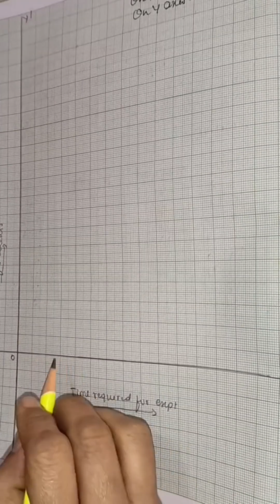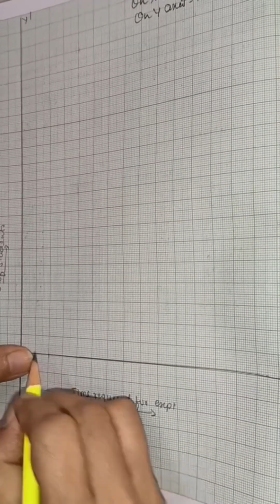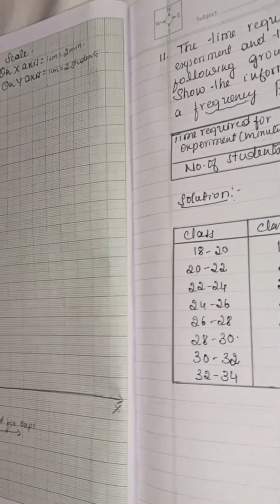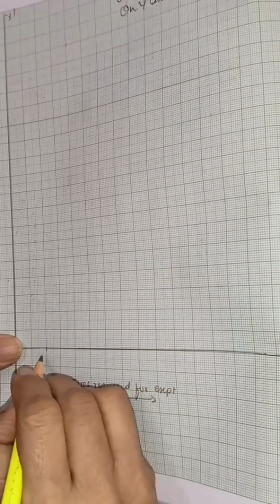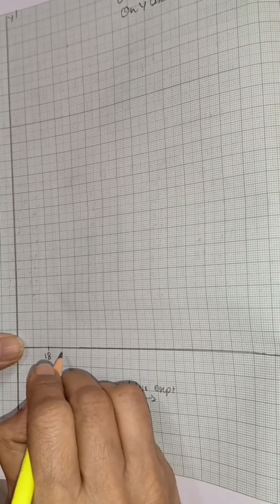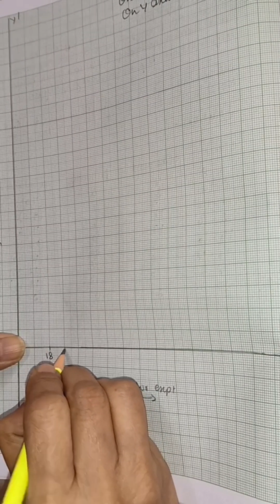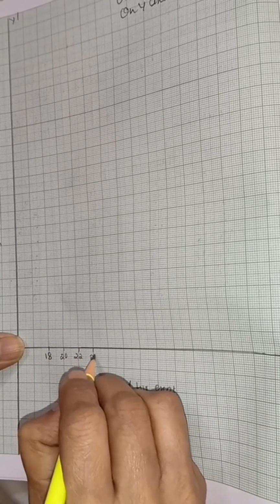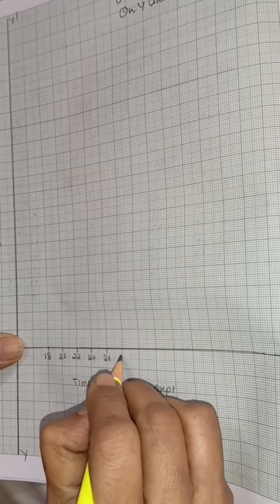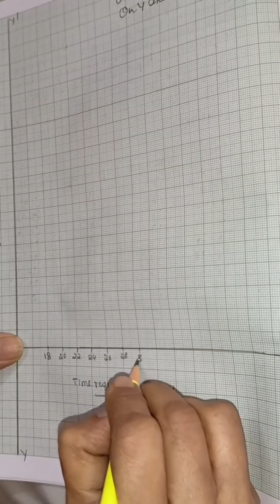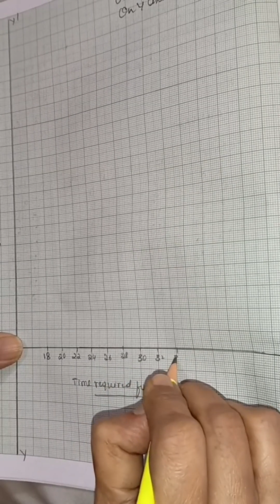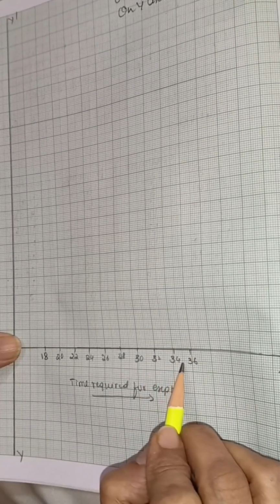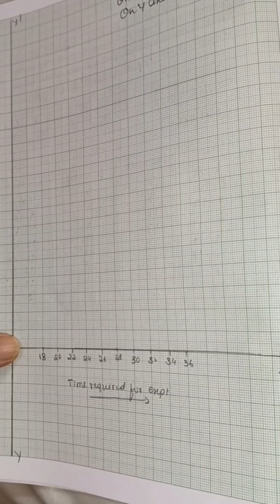Now start from here. First write 18, then 20, 22, 24, 26, 28, 30, 32, 34, 36. Here the maximum is the 34 class, no?